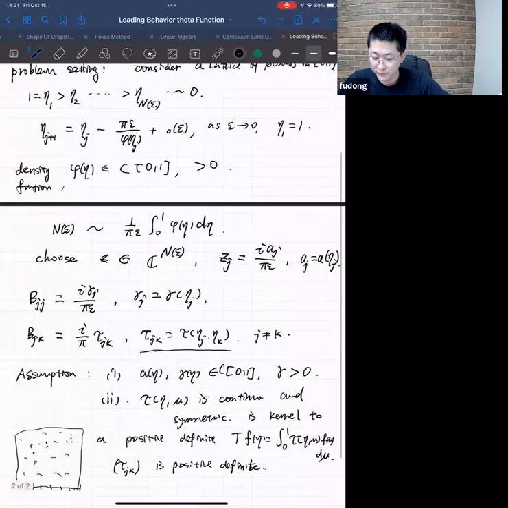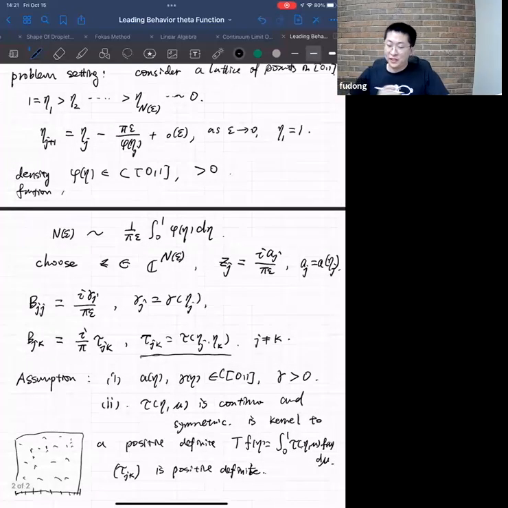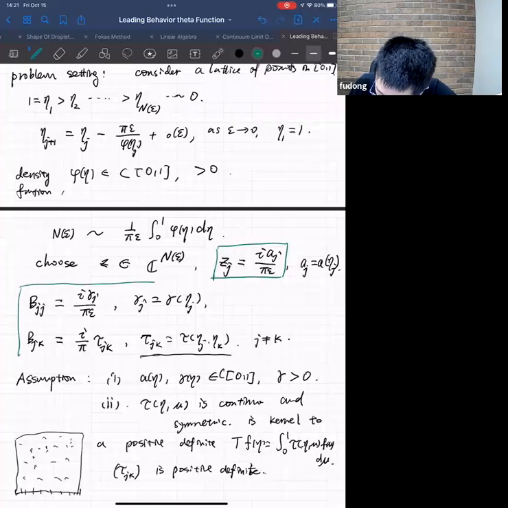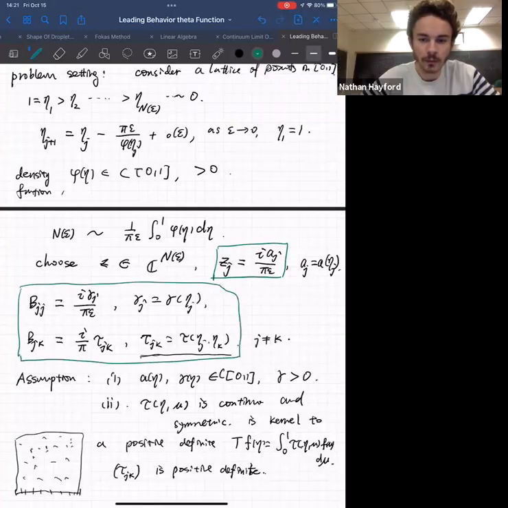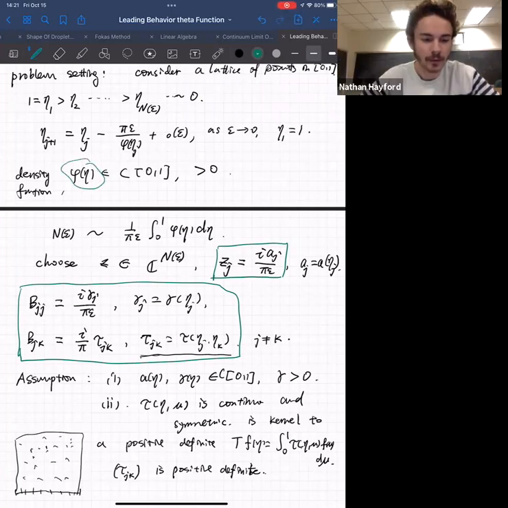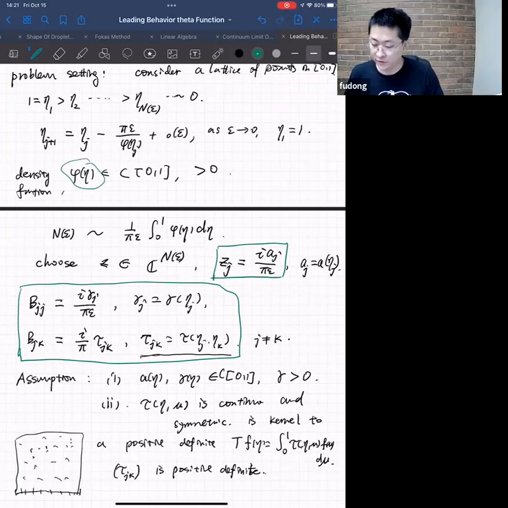Okay, so that's the problem setting. Let me circle this. We have Z here, and we have B here. So you're given, as of right now, at least A, gamma, and tau, correct? A, gamma, tau, and the density function, which defines the lattice. So now the problem is very clear. What is the continuum limit?